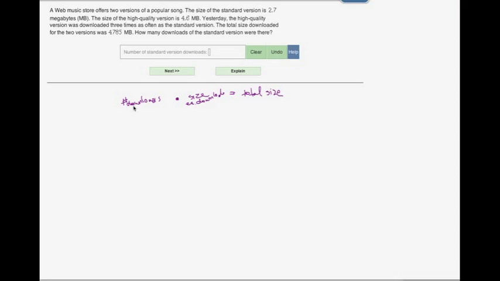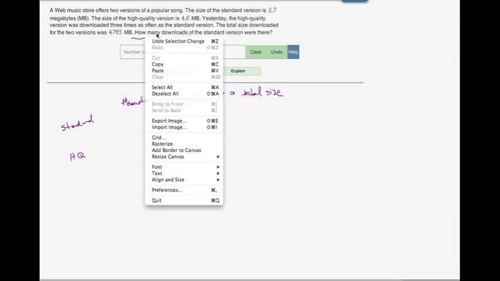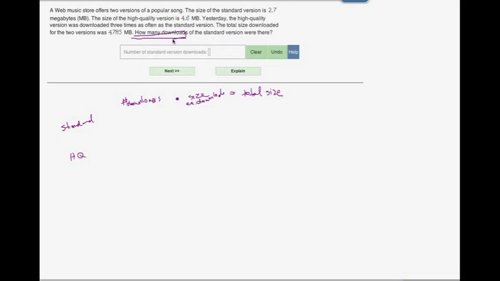And then for our rows, we're going to have our standard version and the high quality version. I'll just put HQ for that. How many downloads were there? That's going to be our unknown. The number of downloads column is going to have our variable.